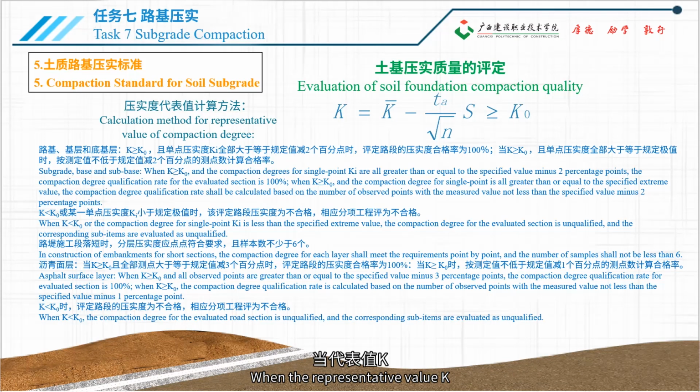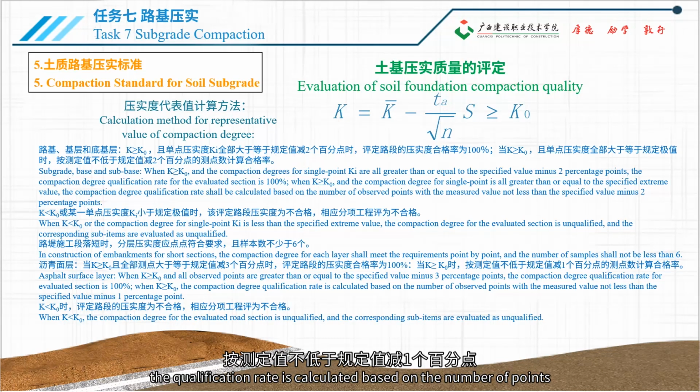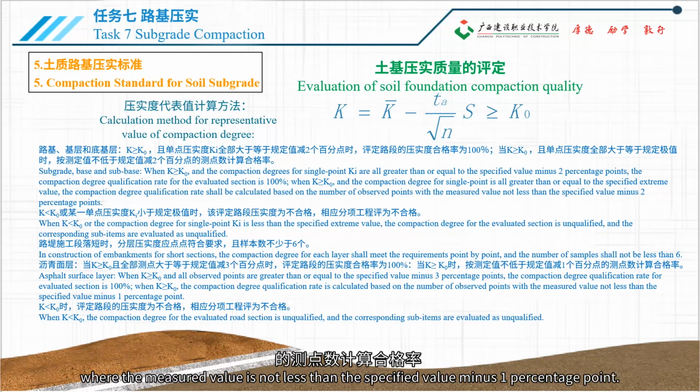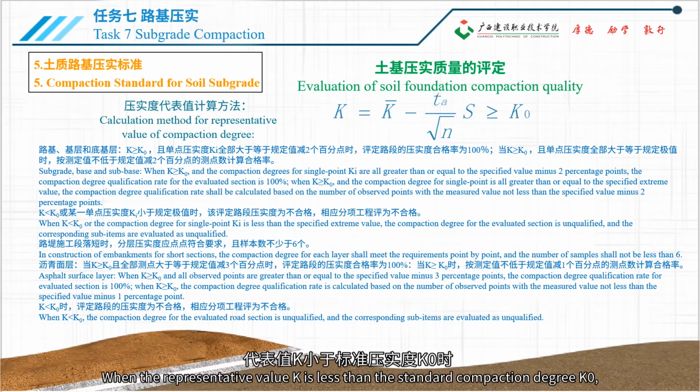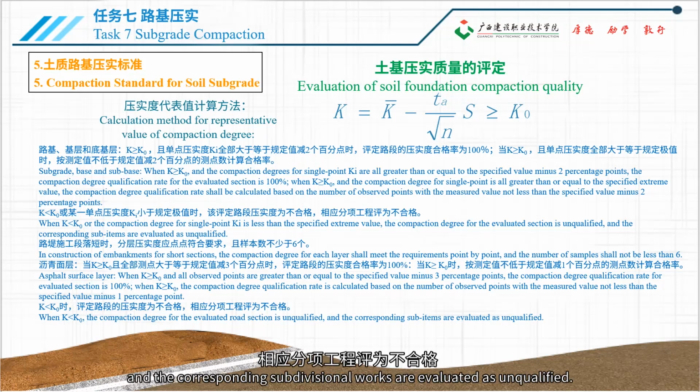When the representative value K is greater than or equal to the standard compaction degree K0, the qualification rate is calculated based on the number of points where the measured value is not less than the specified value minus 1 percentage point. When the representative value K is less than the standard compaction degree K0, the compactness of the assessed section is unqualified, and the corresponding subdivisional works are evaluated as unqualified.